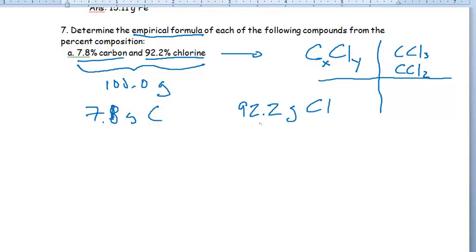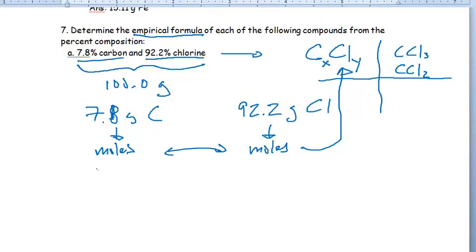This would give us 7.8% carbon and 92.2% chlorine, right? Okay, now take both of these and convert those masses to moles. And once we get those two masses to moles, then we can compare the ratio of the two moles, and that will then lead us to the X and the Y, the subscripts.